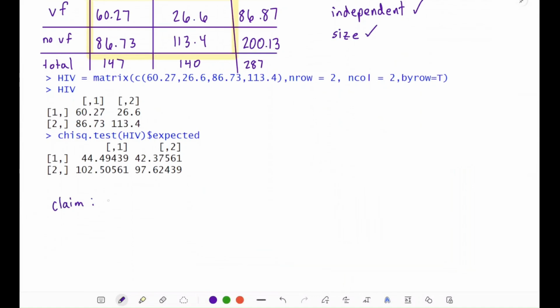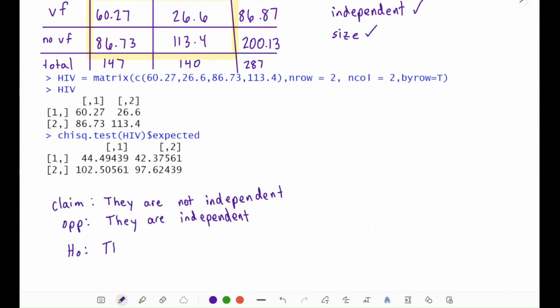So that means the claim would be they are not independent. Which means the opposite would be they are independent. The null hypothesis is always they are independent. And the alternative hypothesis is that they are not.